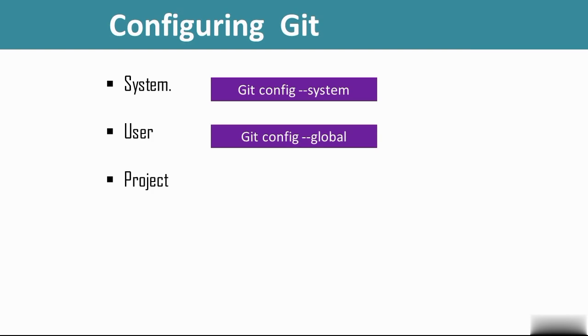Global indicates it's global to the user. It doesn't mean the entire system. If you're making configuration changes at the project level, all you need is just git config. So we're going to make changes at the user configuration level.